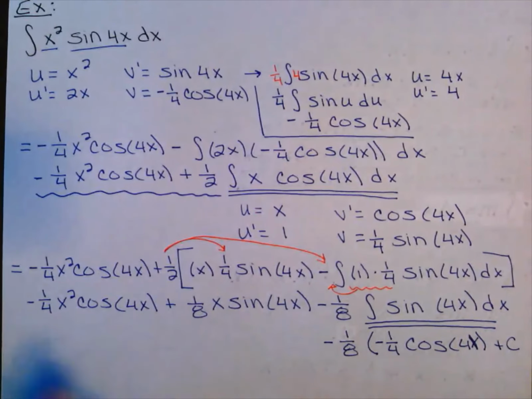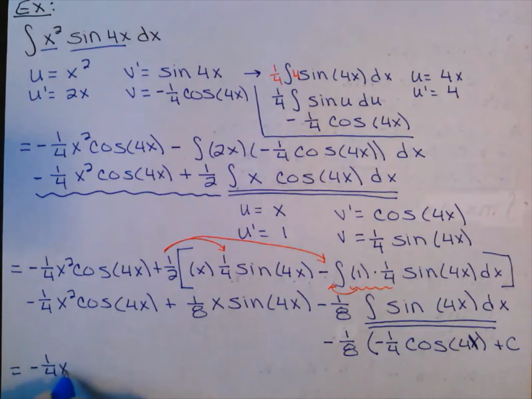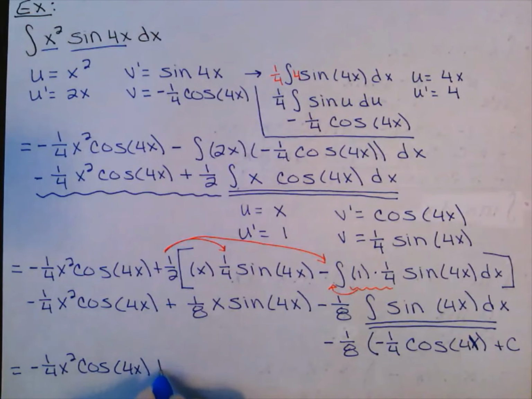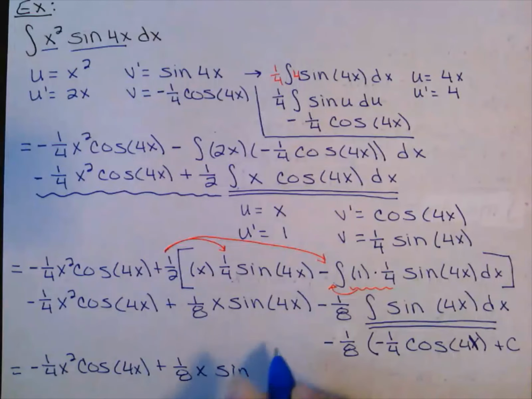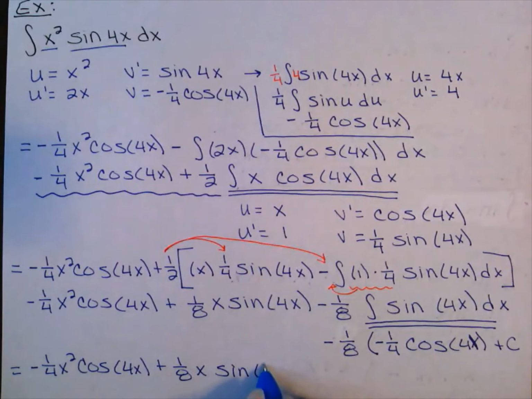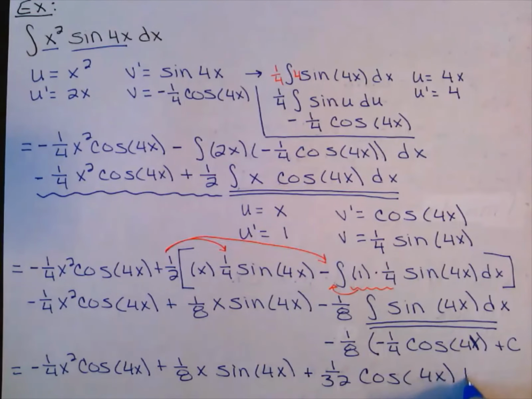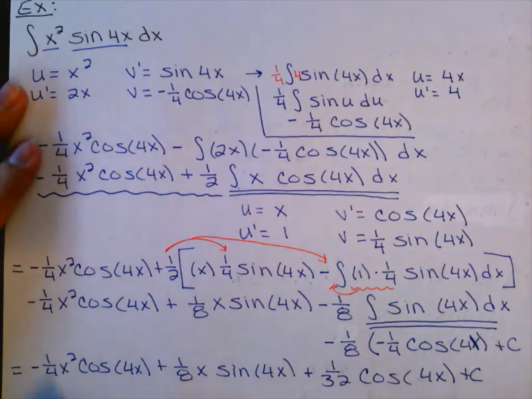So now I'm just going to rewrite everything nice and neat. I have negative 1/4 x squared cosine of 4x plus 1/8 x sine of 4x minus a negative 1/8 and a negative 1/4 is going to be plus 1/32 cosine of 4x plus c, and we are finally done.